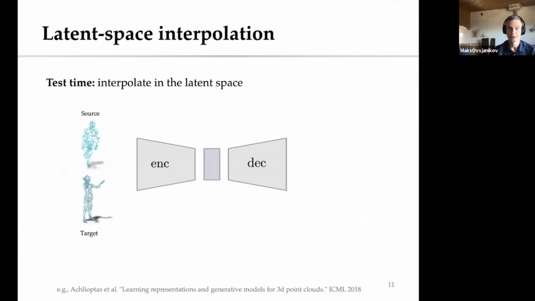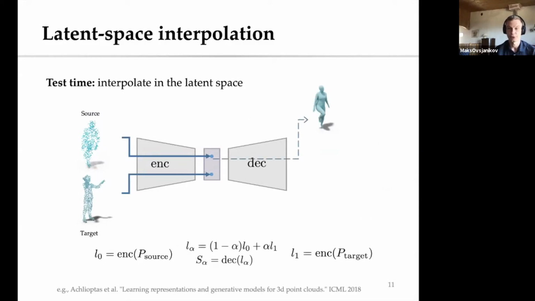Once you train this network, you can use it for shape interpolation in a very simple way. You're given a source and target shape. You use the trained encoder to compute a latent vector L0 for the source shape, then you compute the latent vector L1 for the target shape. A common approach is just to do linear interpolation between these latent vectors. So for some scalar parameter alpha, you compute the linearly interpolated latent vectors.